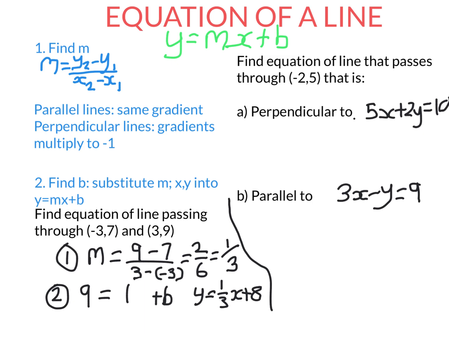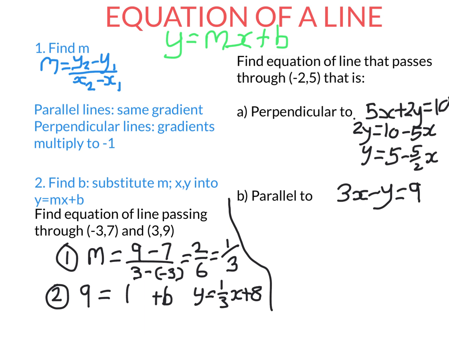So I can rearrange this to make y the subject. I'd subtract 5x from both sides, and then I would divide each side by 2. So I get y equals 10 divided by 2, and then minus 5x divided by 2. The gradient of this line here is -5/2.